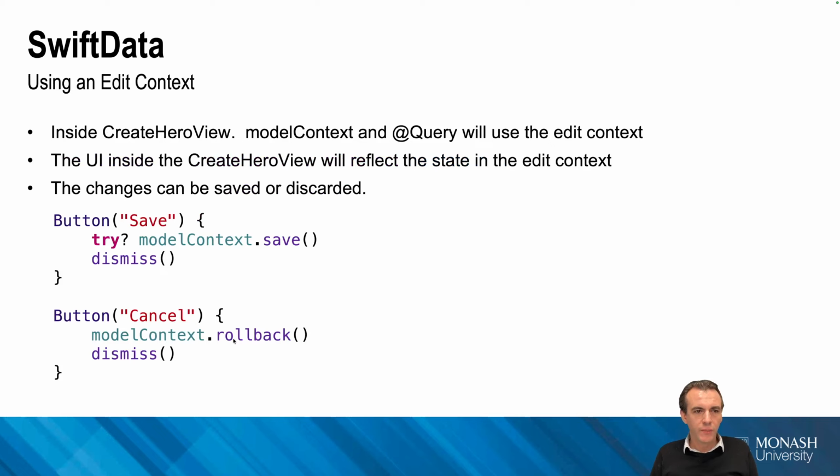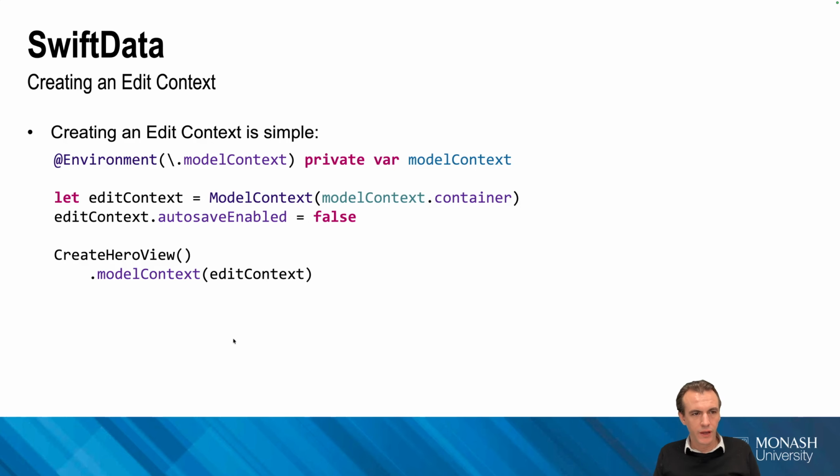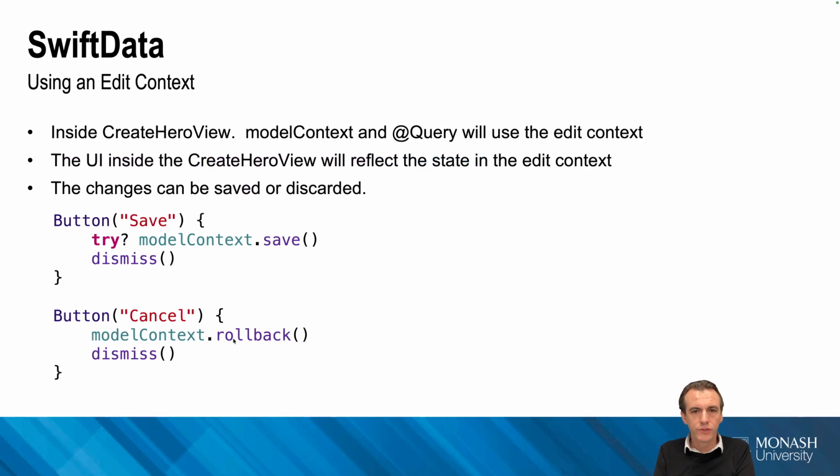Because inside that particular SwiftUI view where we've used this model context modifier, when you use the model context property, like we did with the environment property here, or when you use an @query annotation on one of your properties, then that will use the edit context.